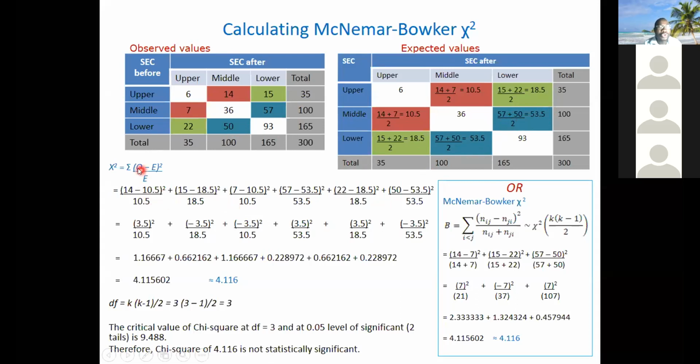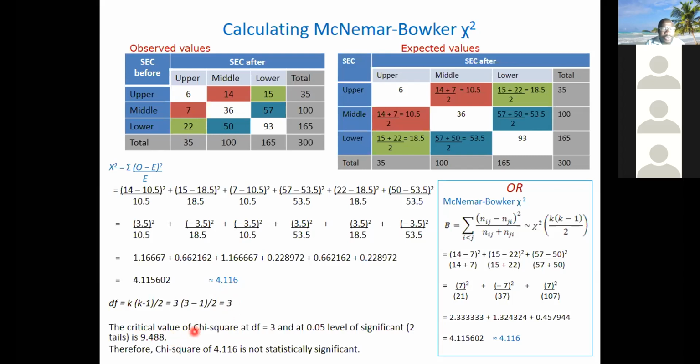So when you feed in the expected values and use the formula, you get 4.116. And the degree of freedom is 3. From here, you know that this is not significant, because the critical value of chi-square for degree of freedom of 3 is 9 point something, 9.556 or so. The value we have gotten is less than the critical value, so it cannot be significant.